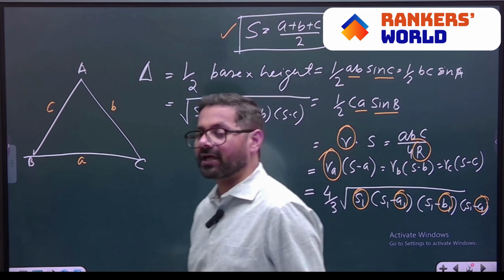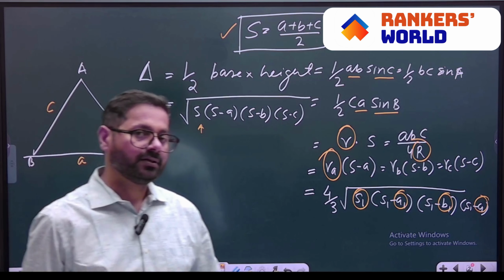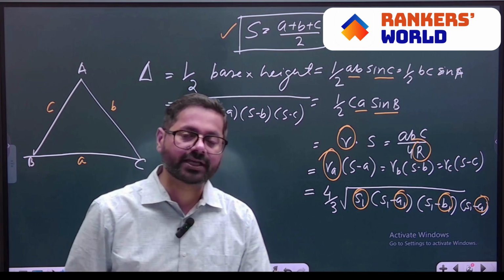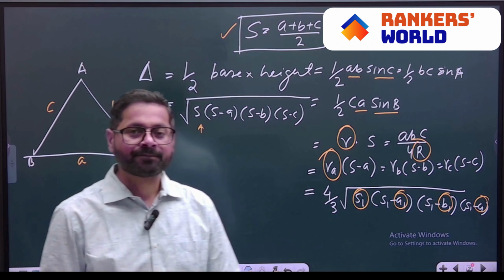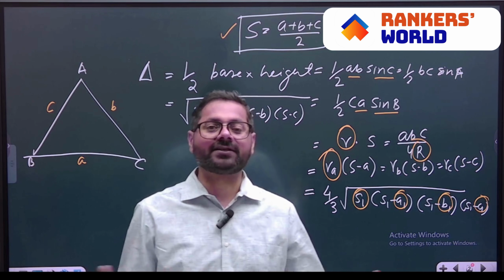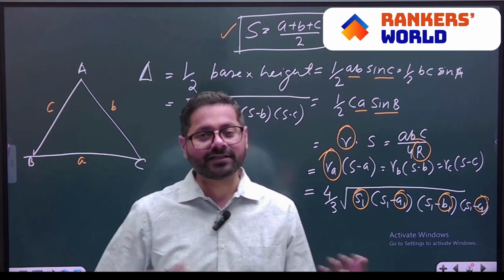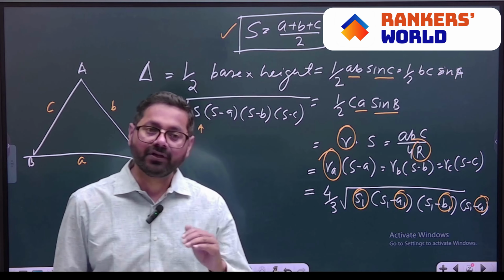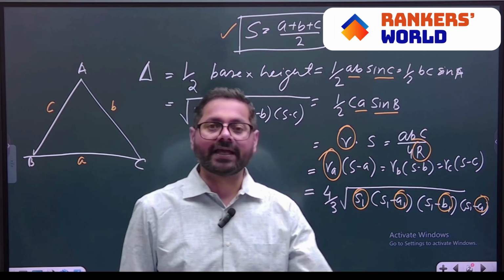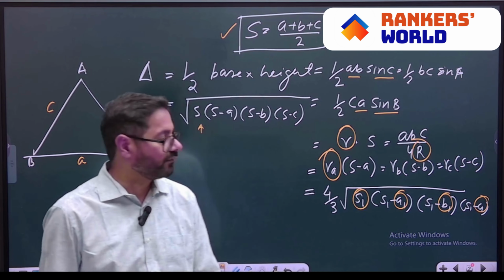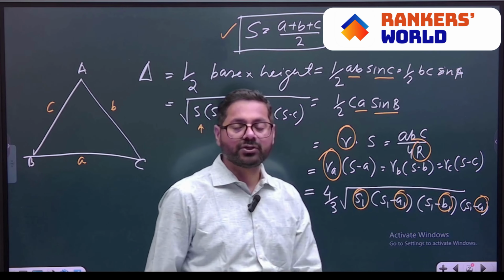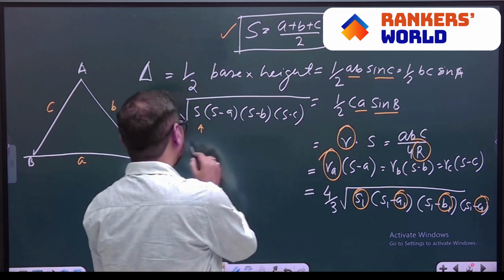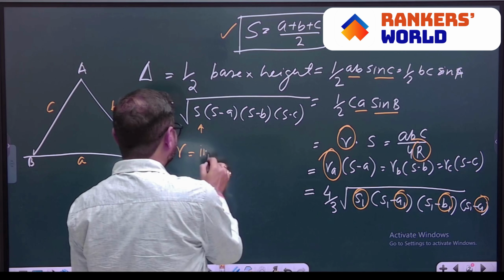These variables are not defined by me yet. And obviously the logical explanation will come in the next one, where we'll be discussing different centers of the triangle, because the moment we start learning the centers of the triangle, these formulas will come, and we'll prove through logic how we can arrive at small r into S or ABC upon 4R, or for that matter RA into S minus A, S minus B and S minus C. So a small r is called the in-circle radius.